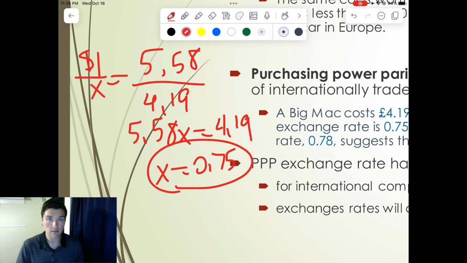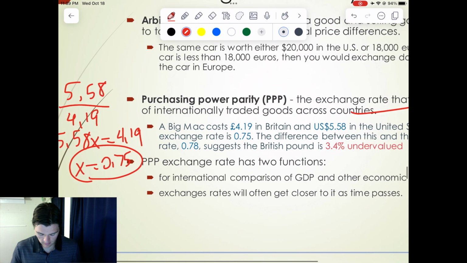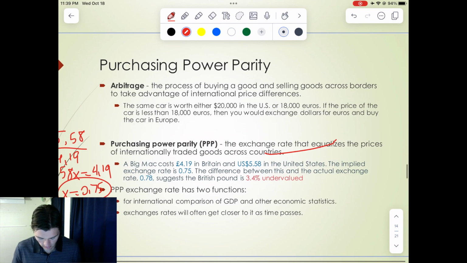So using just the prices of the Big Macs, the exchange rate should be 0.75. Now let's look at what the actual exchange rate is. The actual exchange rate is 0.78.